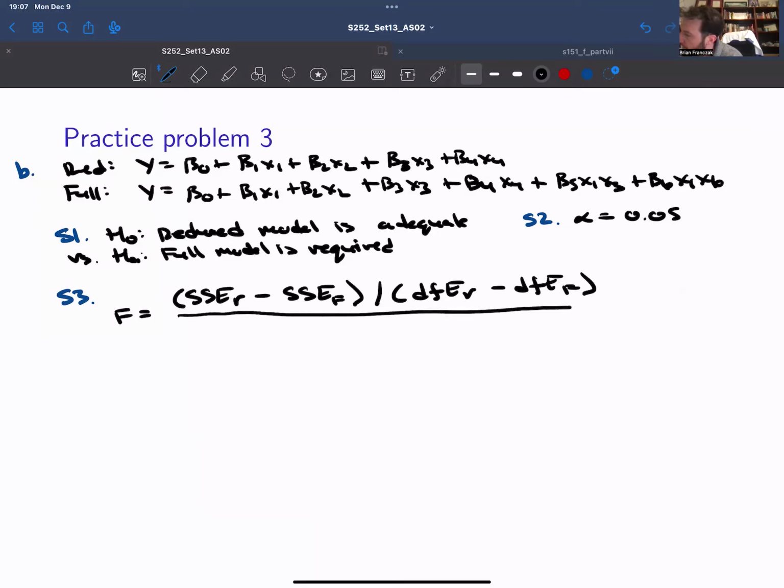And this whole thing is over the MSE of the full model, which on the formula sheet is written as the SSE full over DFE full, but that is the mean squared error by definition.